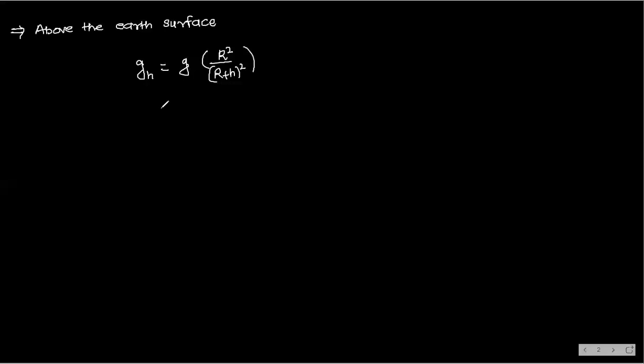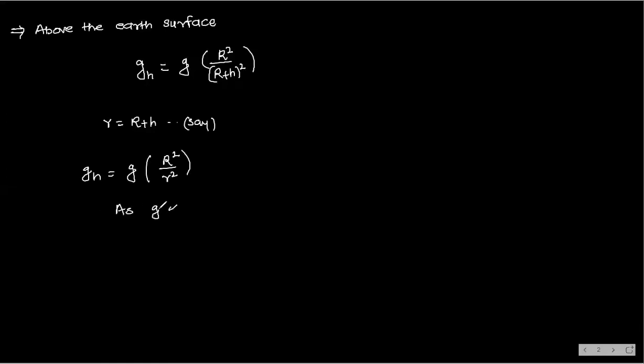So now what I am doing, let us assume that small r is equal to R plus H. Then can I write like this? GH is equal to G into R square divided by small r square. Clear? Again here, what is constant?